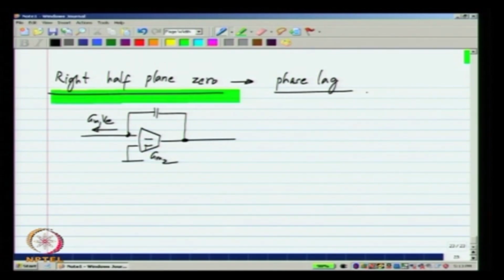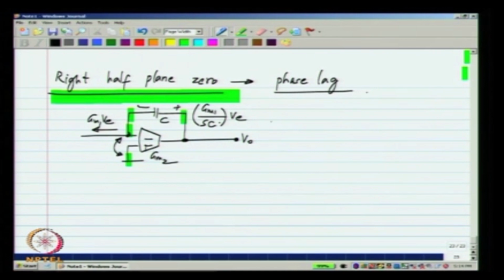This GM1 VE will pass through the capacitor and causes a voltage drop GM1 by SC times VE, and this is exactly the voltage that we want, but this is not the voltage that appears as VO, because that is equal to the voltage across the capacitor plus the voltage between this point and ground.